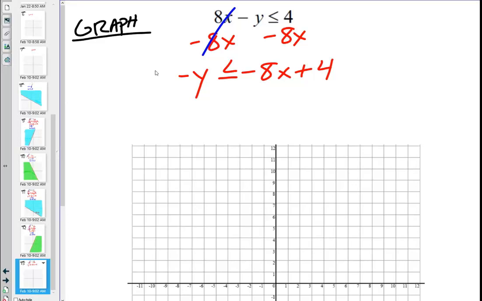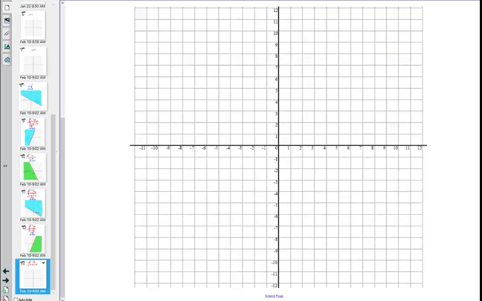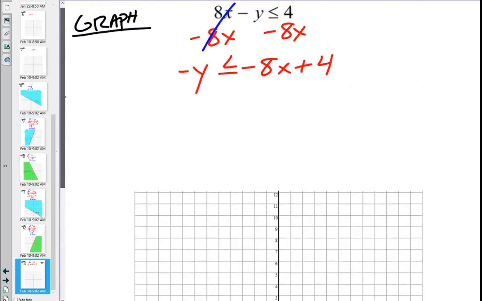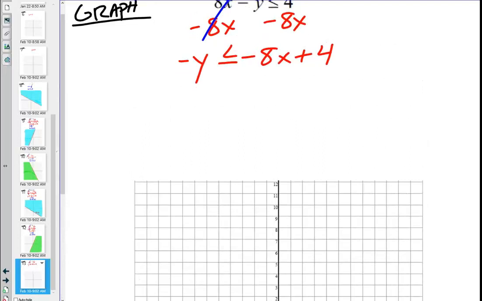Okay, and Hiram we trust. Go ahead, Hiram. So you're going to have to minus the negative y. Definitely not going to minus that, you got to flip the sign. You got to divide the negative y. Negative 1.